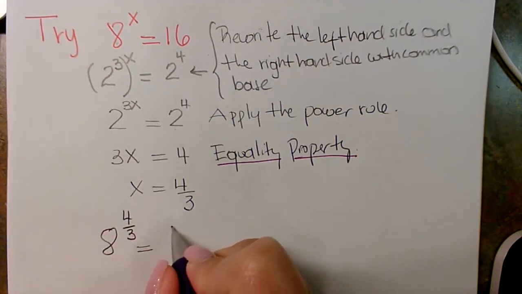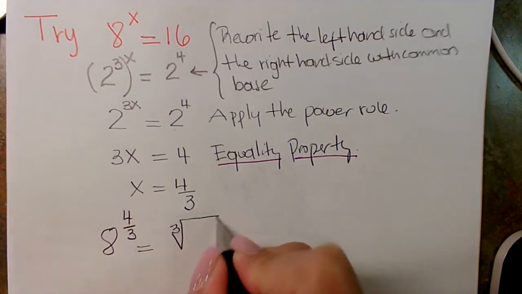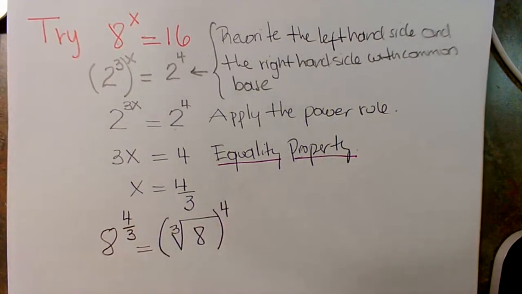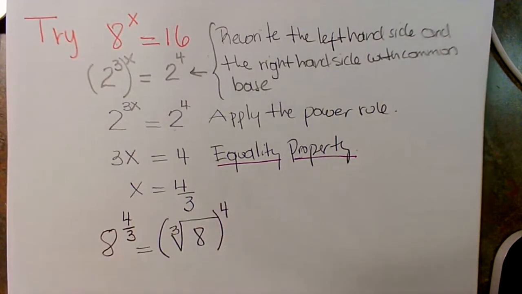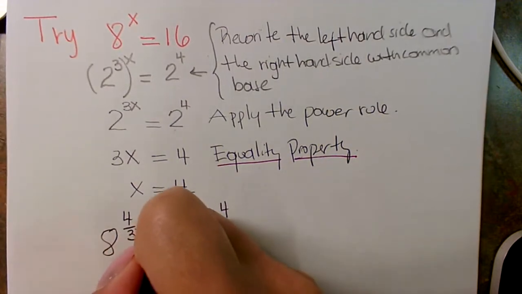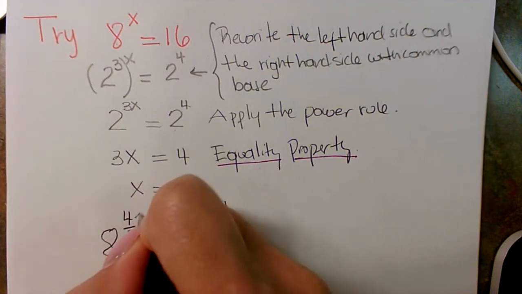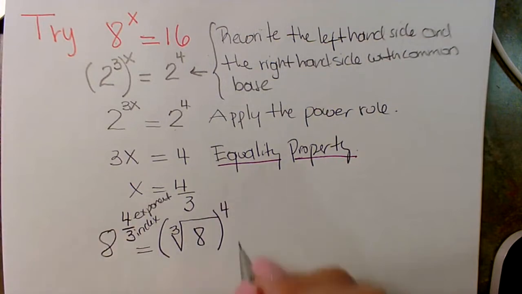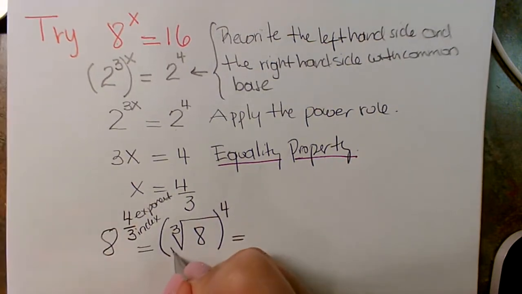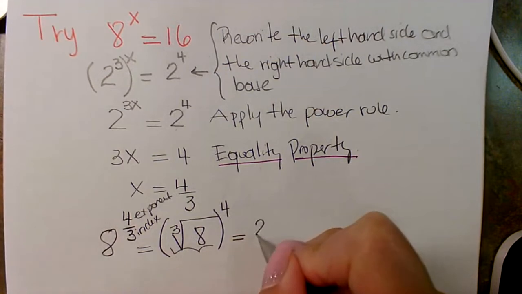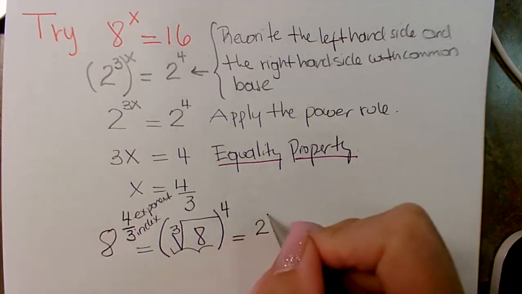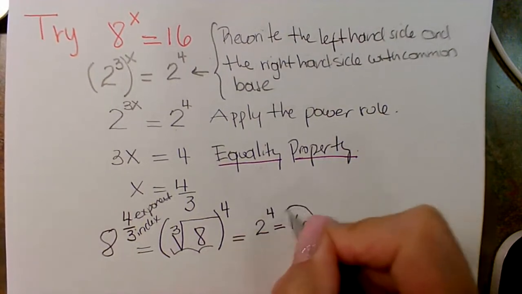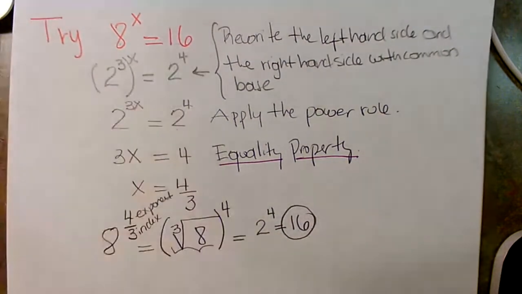Remember that this one is the index and the numerator is the exponent. So let's do it. What's the cubic root of 8? We know it's 2, to the fourth power. And what is 2 to the fourth power? 16. We got 16 here.